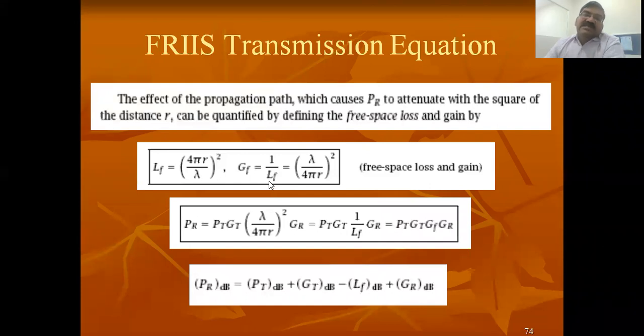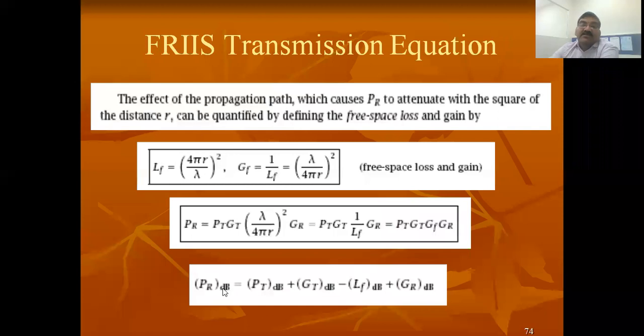The parameter remains the same; if you say gain, it is the inverse of loss, so it is lambda by 4 pi r, whole square. So your power received is PT GT into lambda square upon 4 pi r square. Whatever the loss, you can put it in with GR. Again, it is PT GT GF GR, where GF is the gain or loss of free space. This way the equation comes.